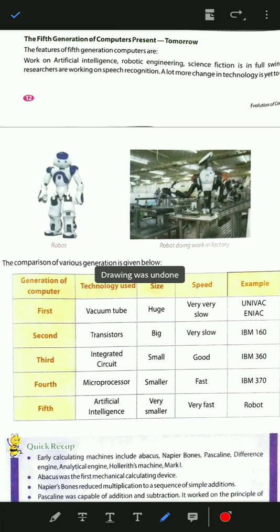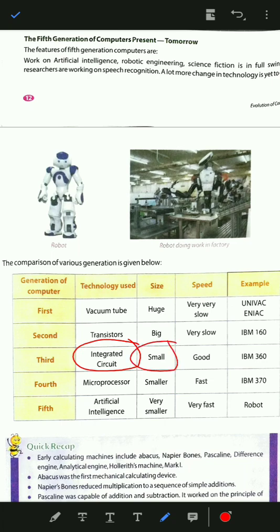Next comes third generation computers. In these computers, integrated circuits were used, size was small, and speed was good. The example is IBM 360.